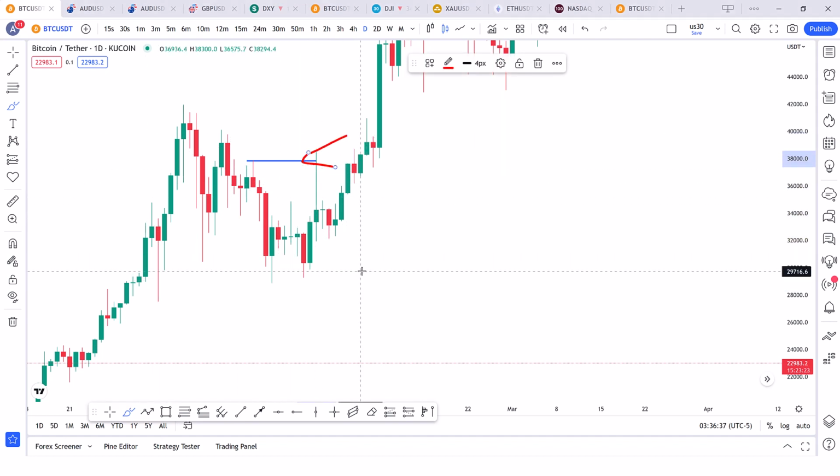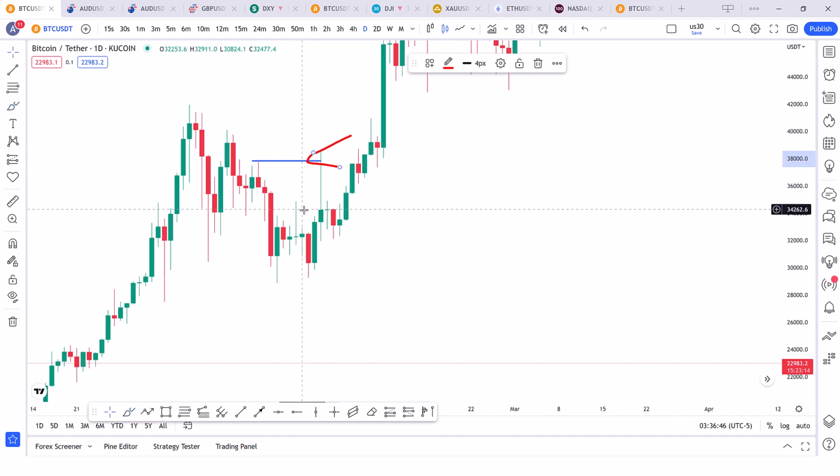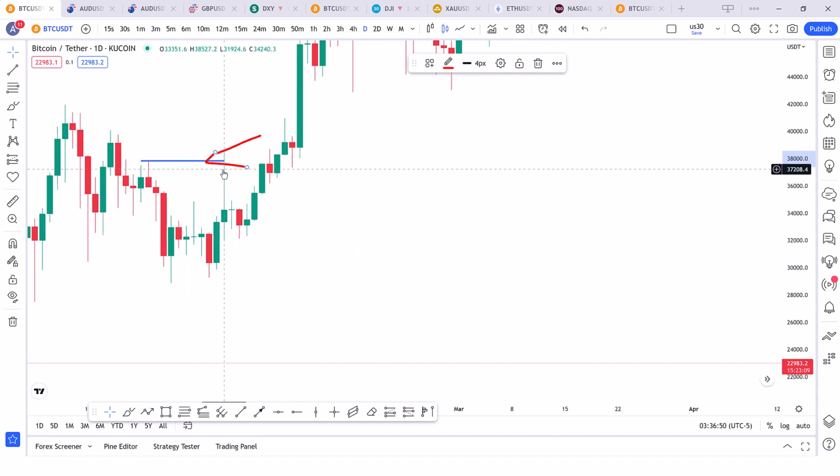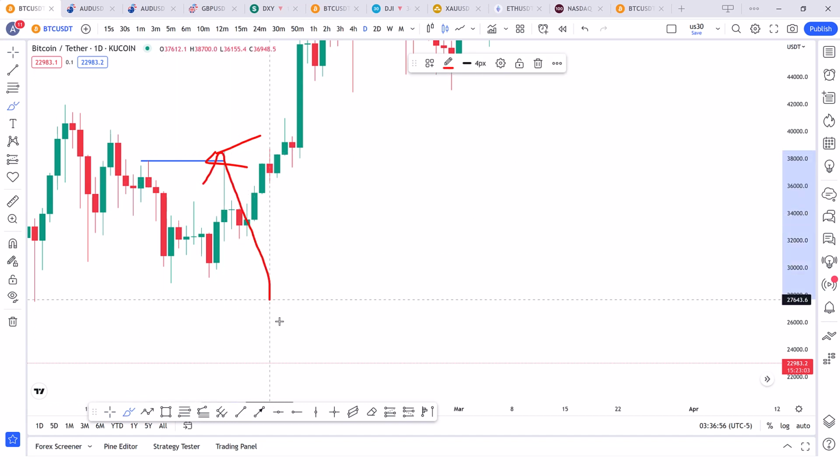I use break-off structure with the body, but for entering a trade I use shadow to shadow. Anyway, for a structural view I don't get this trade because it broke this high with a shadow. But sometimes it just comes up, shadows the structure, and it breaks down.